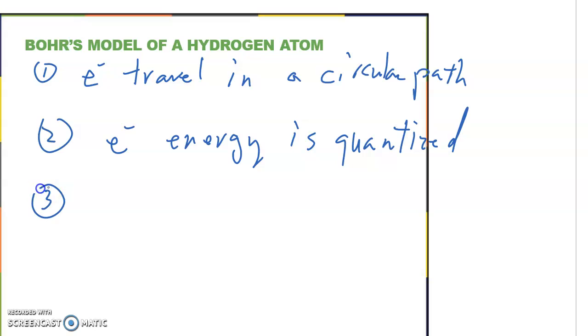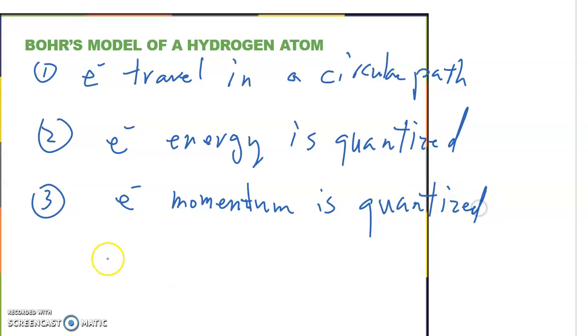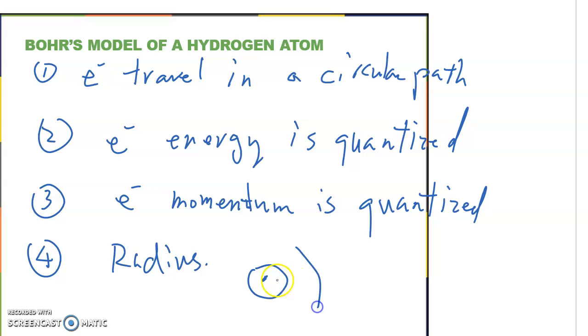Thirdly, momentum is quantized. And number 4, the radius is also quantized. That means there are only certain allowable radii. You cannot have the radius anywhere you want.